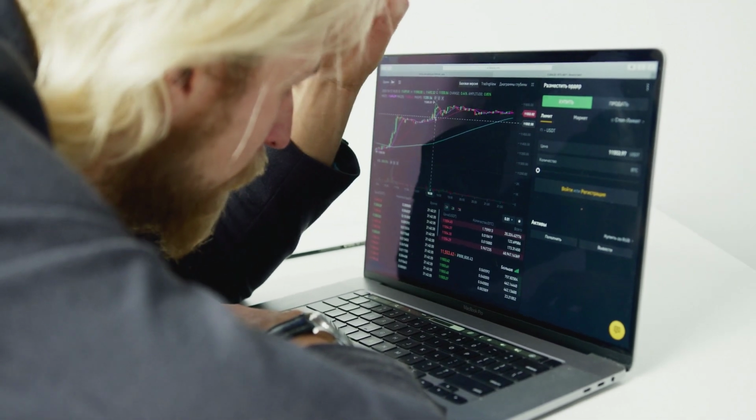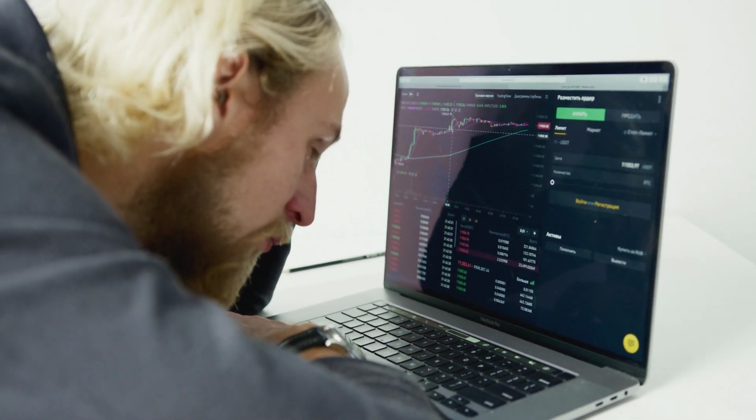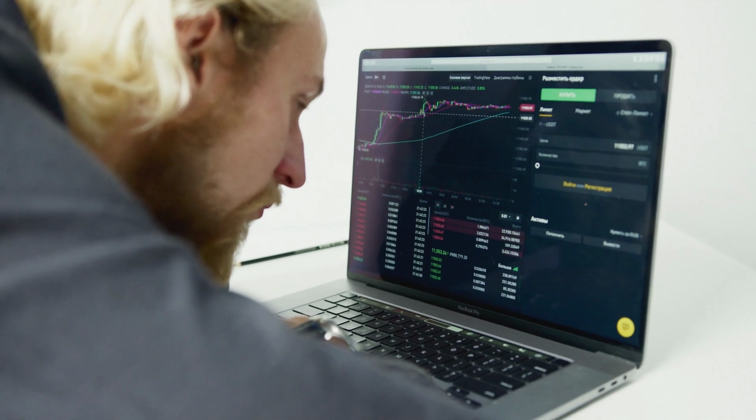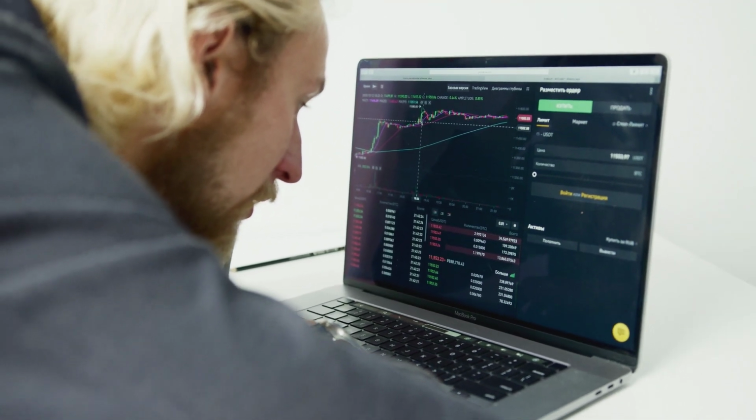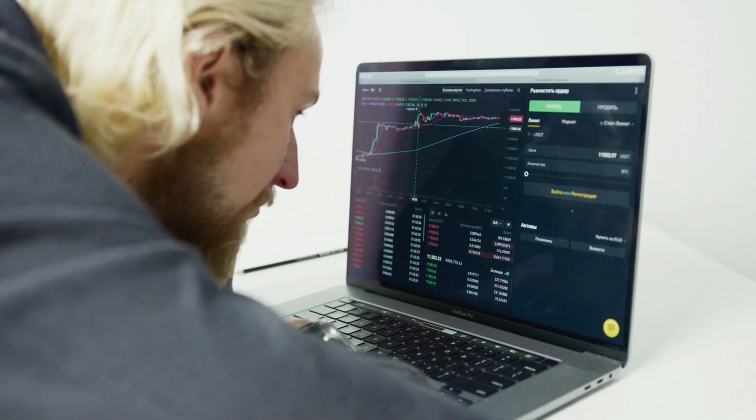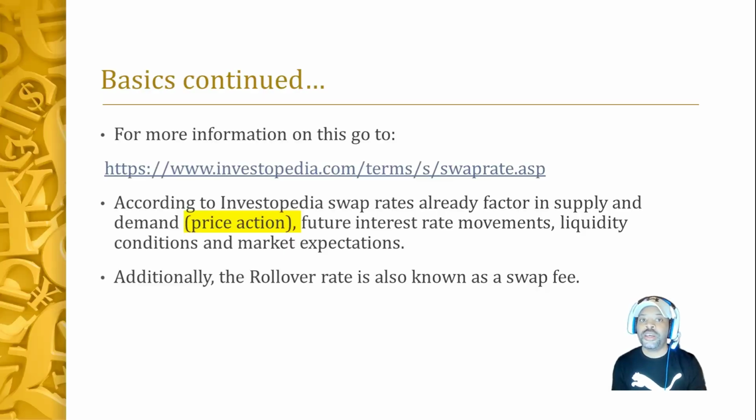How many times have you been trading and you were looking for this specific information? And most of the time, you're not going to be able to see this information directly. You can kind of figure it out with MACD and different volume indicators and stuff like that. But the swap fee is already telling you all of this information.